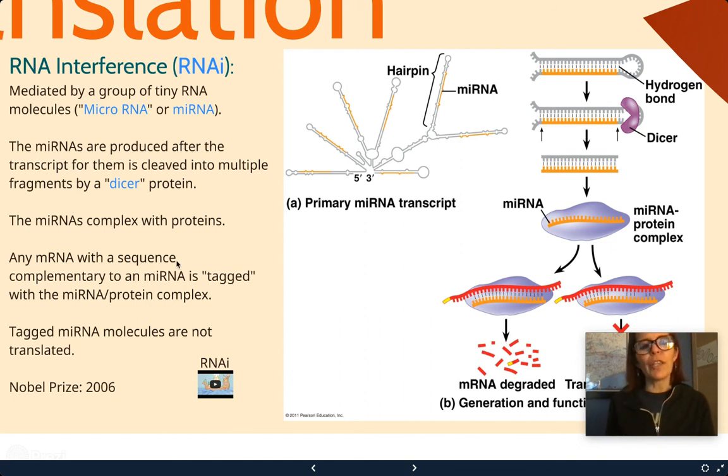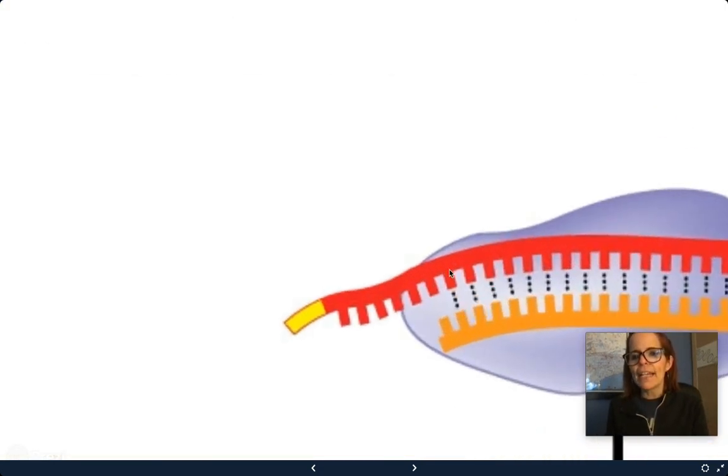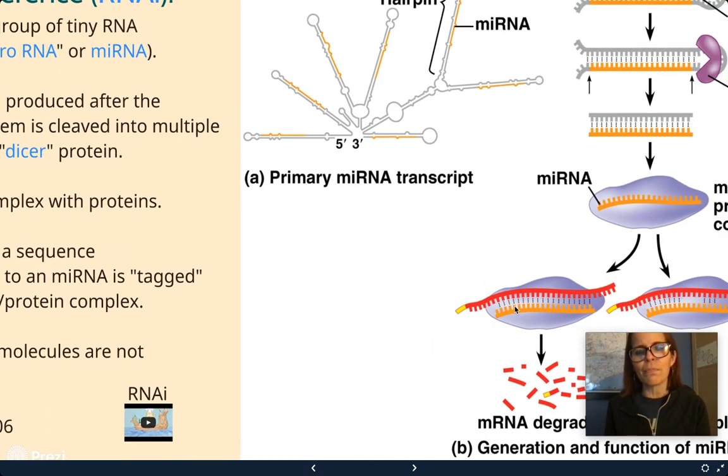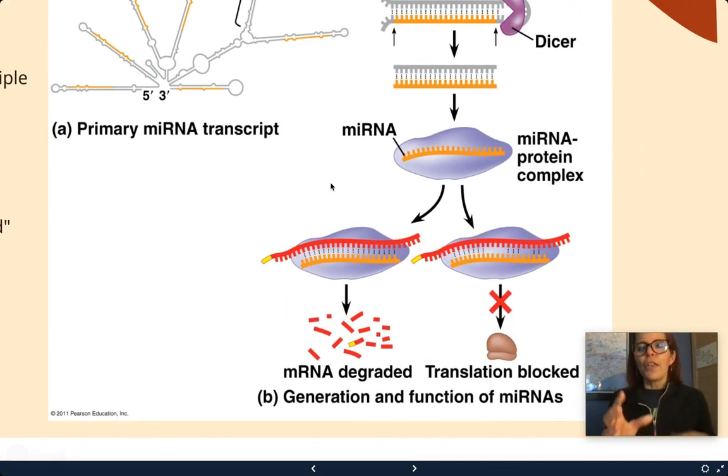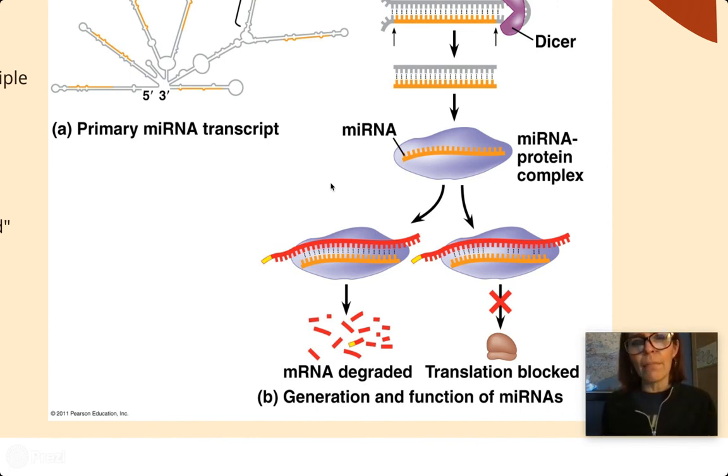Any mRNA with a sequence complementary to an miRNA is tagged with that complex. So look right here. I'm going to try to make it bigger. Right here, this is a regular single-stranded mRNA, but it is complementary to this microRNA complex. And if it's complementary, then the protein degrades the mRNA.